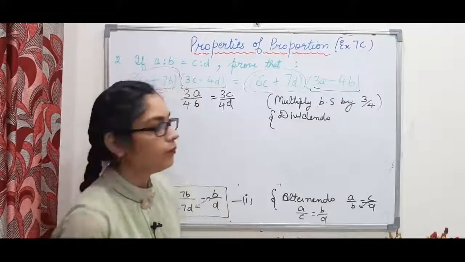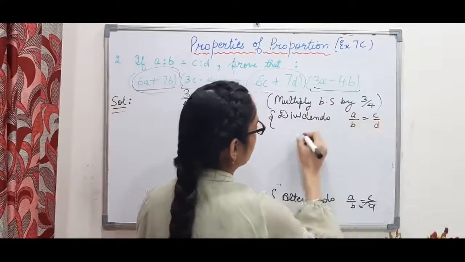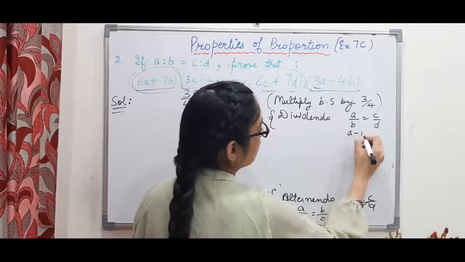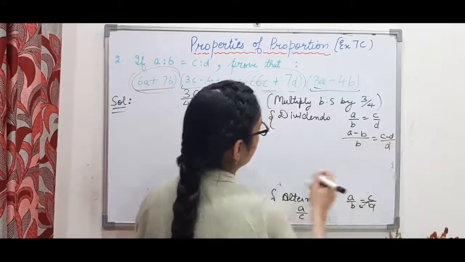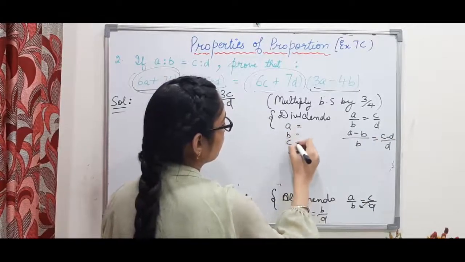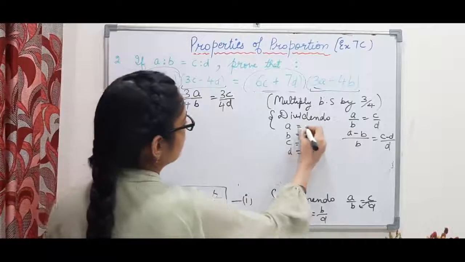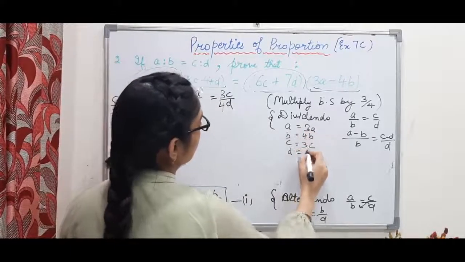According to dividendo, if a by b is equal to c by d, then a minus b by b is equal to c minus d by d. Here I will write the values of a, b, c and d. a is 3a, b is 4b, c is 3c, d is 4d.